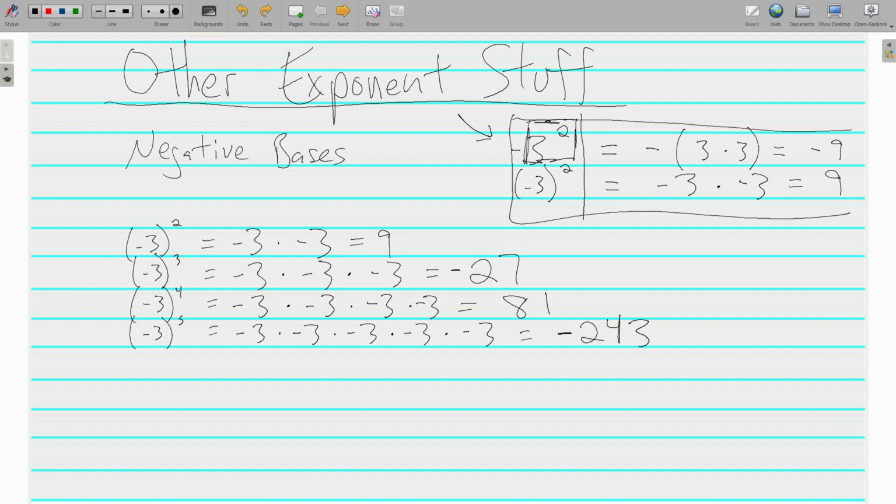Even exponents gave us positive products. Let's write this down.